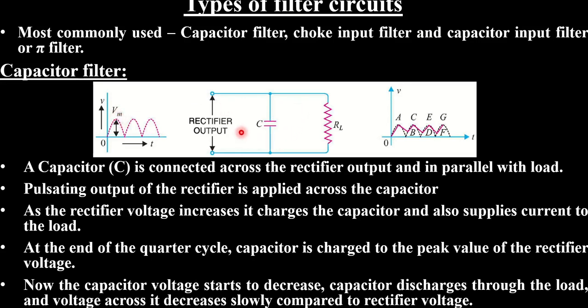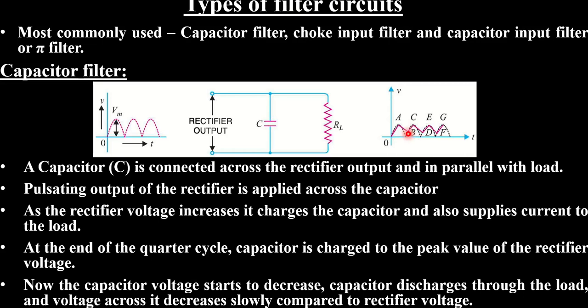The capacitor is charged to the maximum value, represented by point A. Now when the output voltage starts to decrease to zero, the capacitor starts to discharge through the load, and the voltage across the load does not fall to zero as the rectifier output goes to zero, but has a finite value, represented by point B.